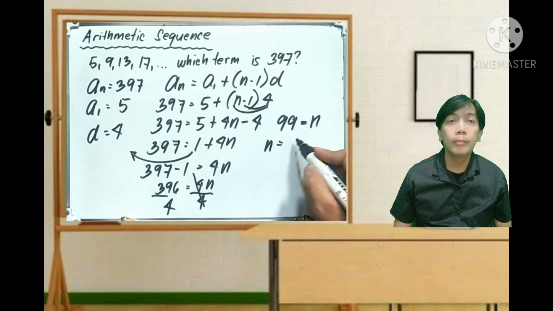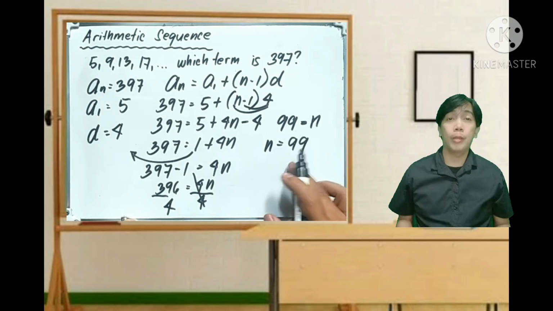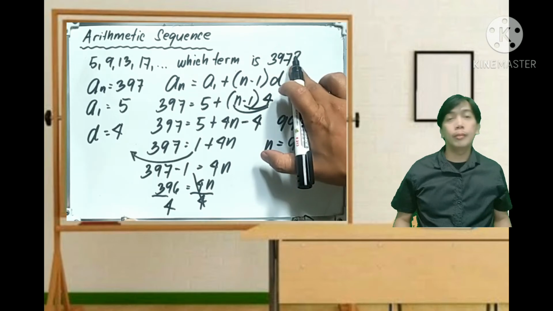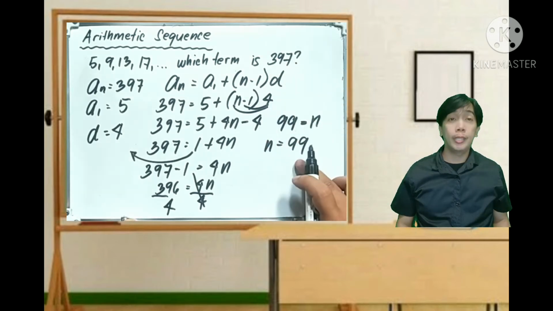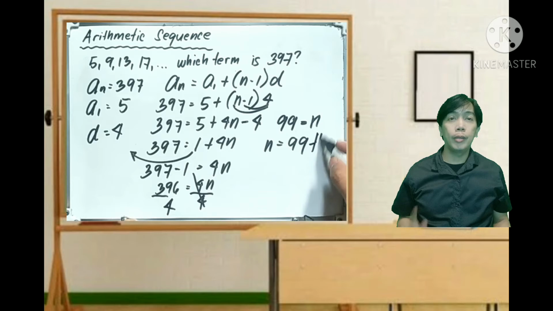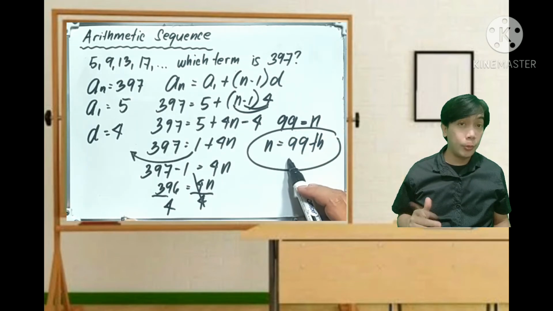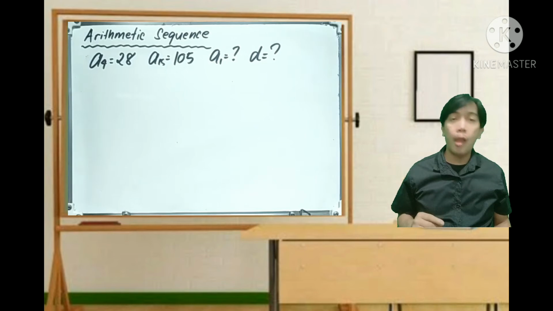So we have n is equal to 99. Since we are after the position or order of 397, the answer is 99. So we have the 99th term. 397 is the 99th term.